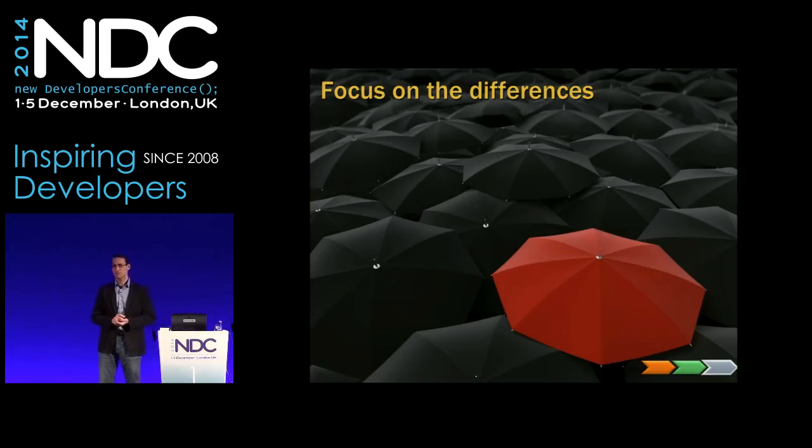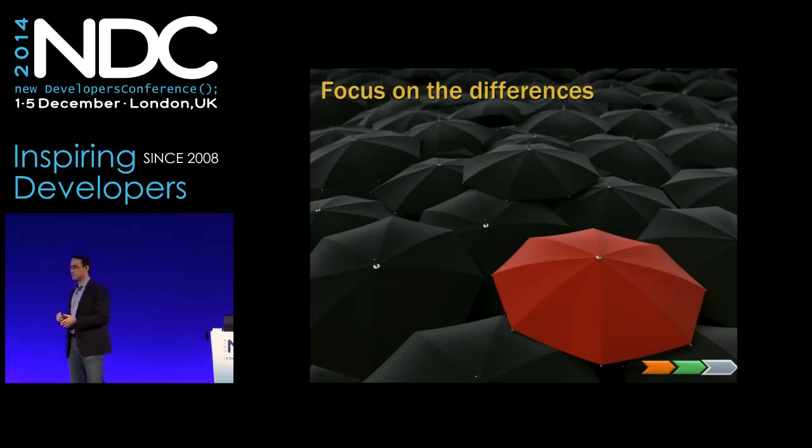And what you want to do is focus on the differences. Now, I didn't just put up the stock photography for no good reason. The problem when you focus on the difference is that you're going to say, I see it, it's the red umbrella. Be careful of jumping to conclusions about superficial differences. It could be that what's significant in the domain of keeping yourself dry outdoors is not the color of your umbrella.